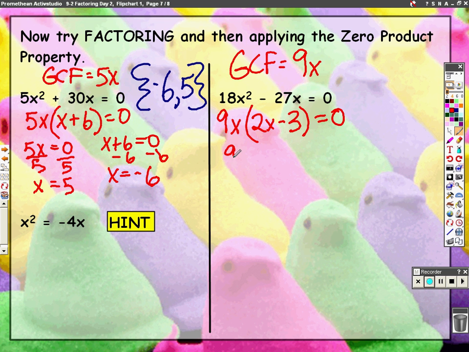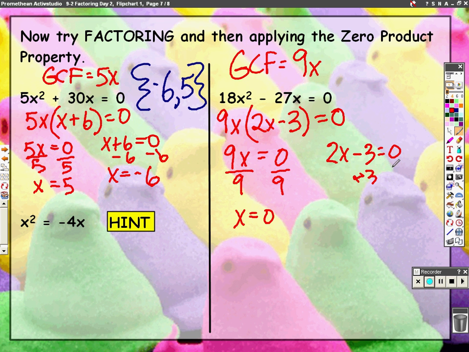I need to set each of my factors equal to 0. So I have 9x equals 0 and 2x minus 3 equals 0. I solve for x. I end up with x equals 0 and x equals 3 over 2.